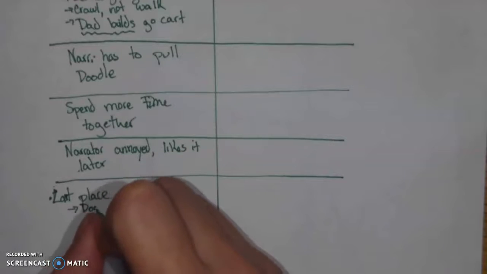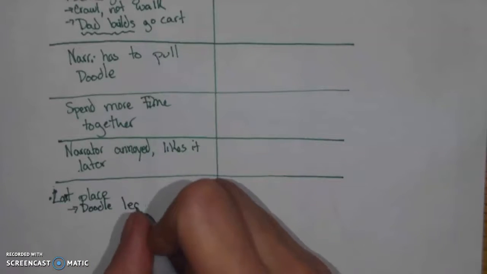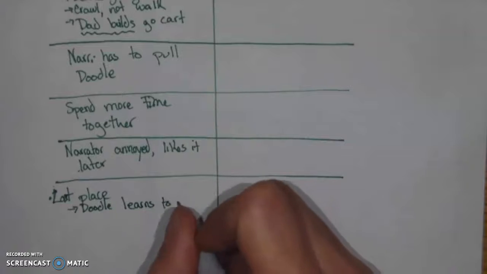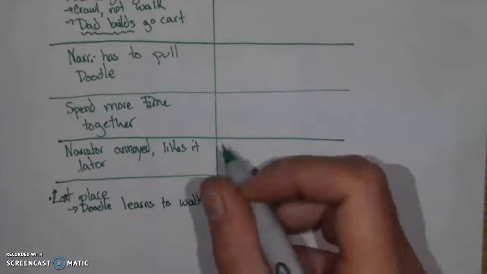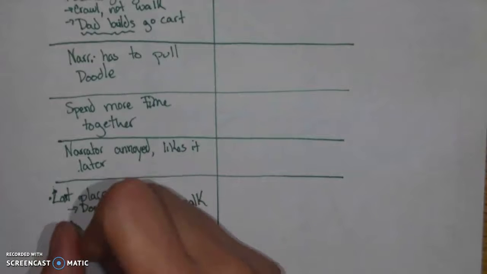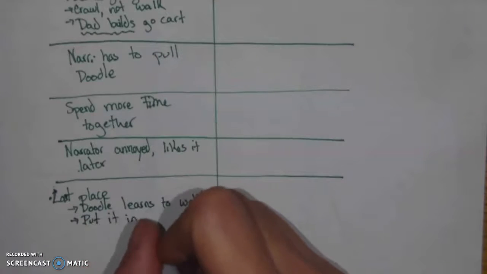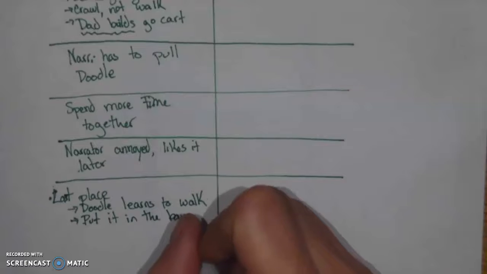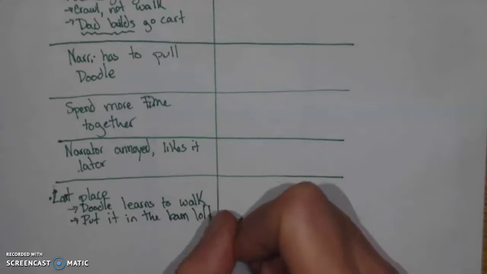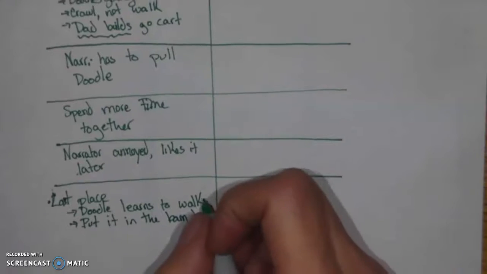Doodle learns to walk. So something happens right before this event that's not directly incorporated with the go-kart. And so they put it in the barn loft.